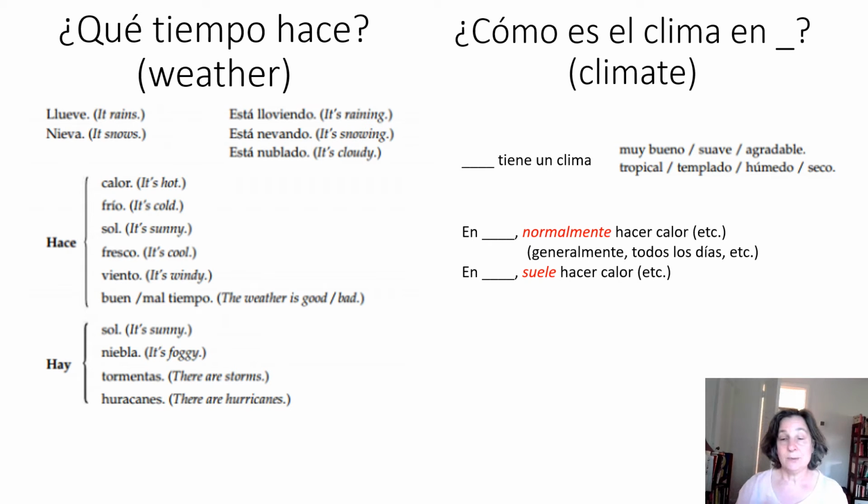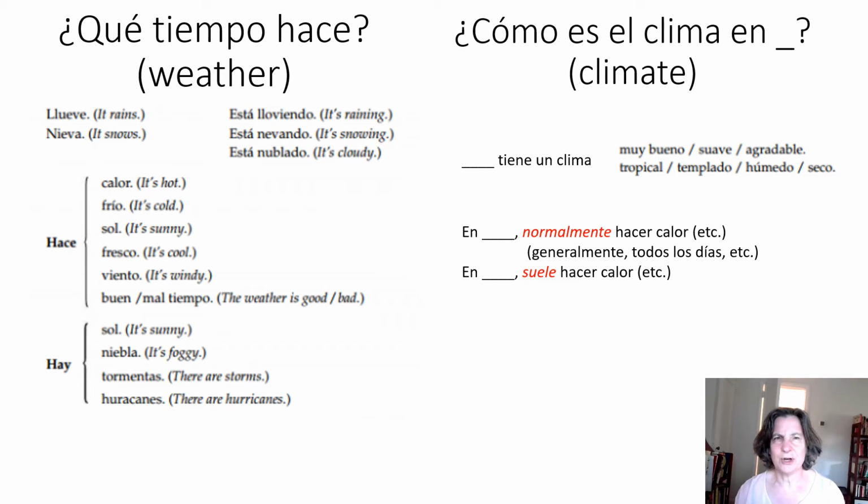La República Dominicana tiene un clima tropical. Philadelphia tiene un clima húmedo. El desierto Sahara tiene un clima seco.